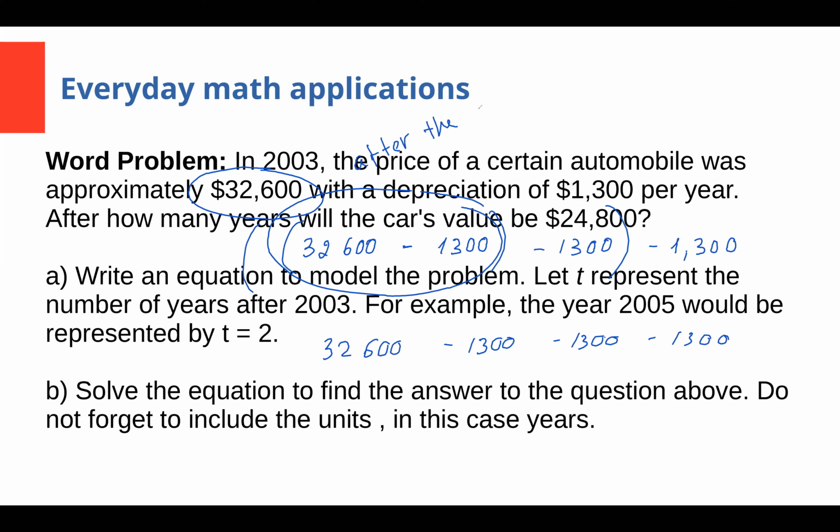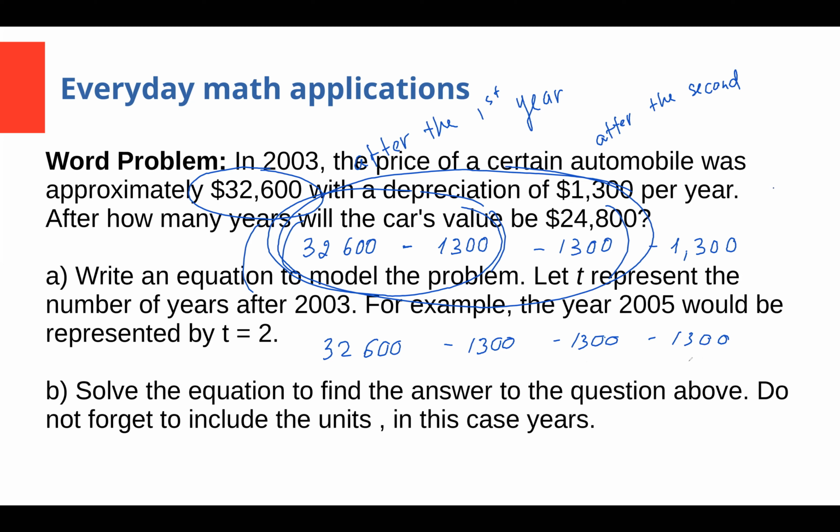The second subtraction was after the second year. So you see what connection I have after 3 years. To see the price of the automobile now, I need to subtract 1,300 3 times.